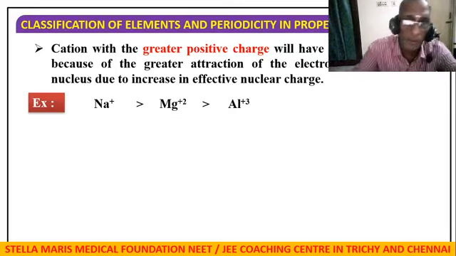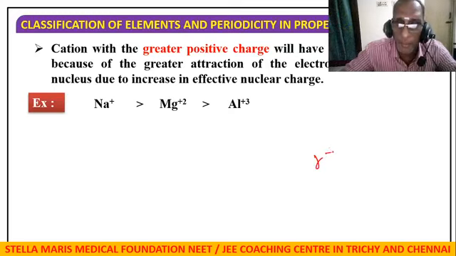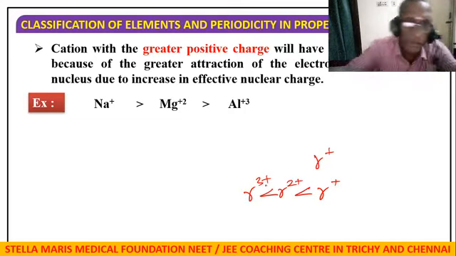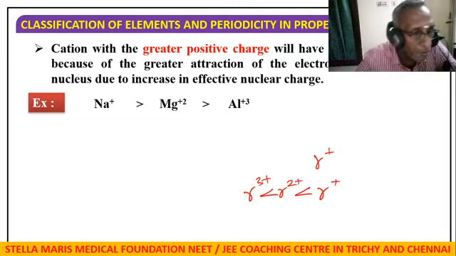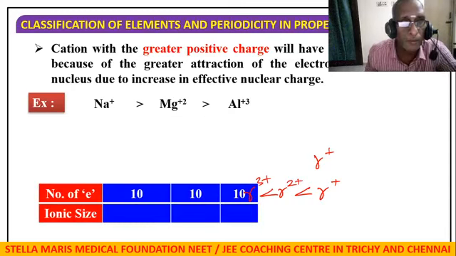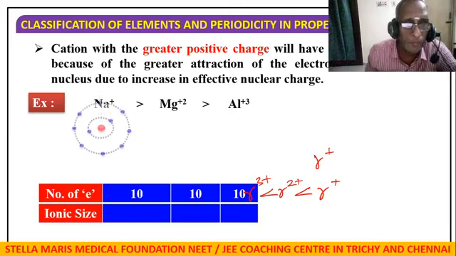So already we have seen the radius of the cation is smaller if the charge increases. So let us consider these cases: sodium, magnesium, aluminum.